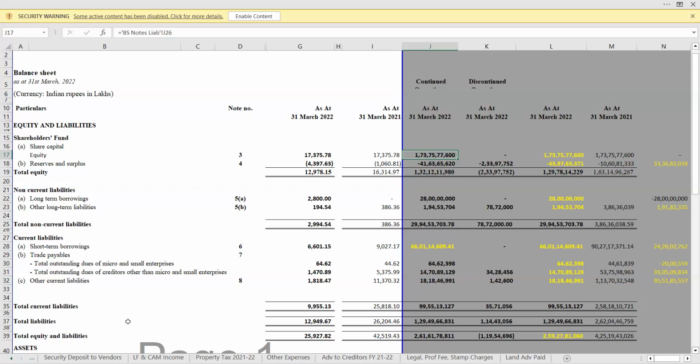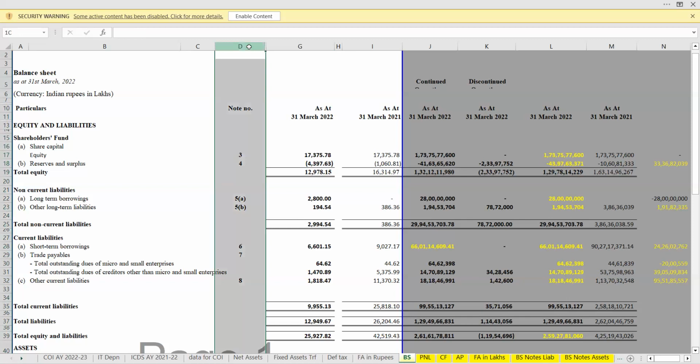Okay, so if you see the P&L also, see what I have done: I have taken the full values in the gray area, which will not come under printing here, and I have given the formula here as rupees in lakhs.